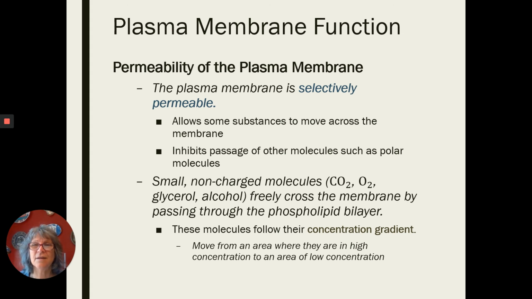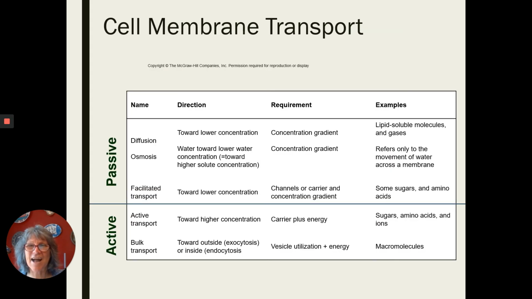So we talk about the membrane being selectively permeable. It can determine what gets in and out. That can happen passively for molecules going from high concentration to low concentration through the diffusion of molecules across their concentration gradient. Osmosis, specifically the diffusion of water across a membrane.